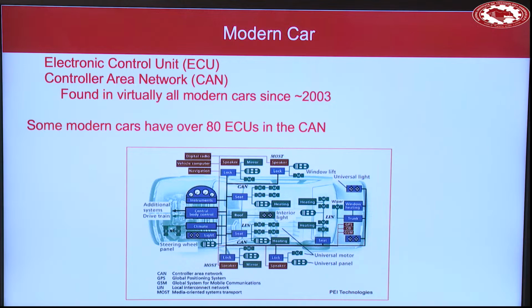Generally, we have more than 80 ECUs in the car, collecting different types of data from your steering, brakes, and so on. They do have navigation, so connecting to GPS. The kind of GPS that we have is from the US, the Global Positioning System.